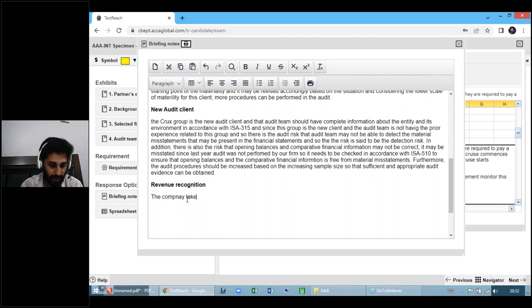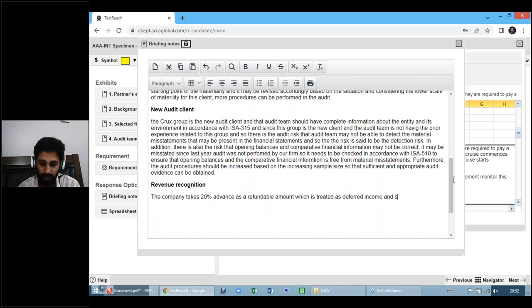So I'm writing here: the company takes 20% advance as a refundable amount, which is treated as deferred income.